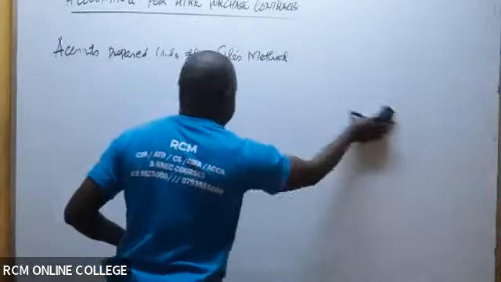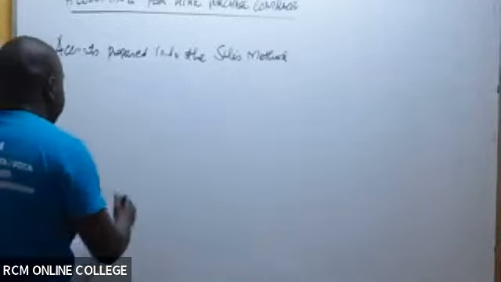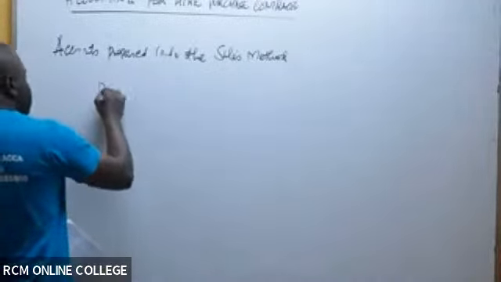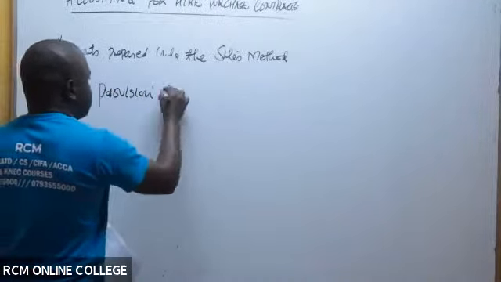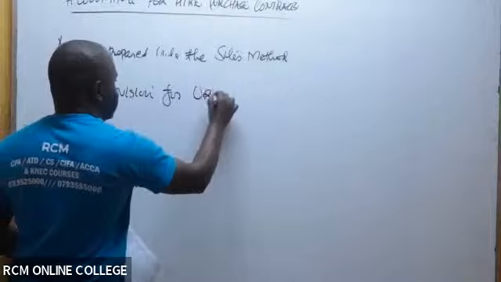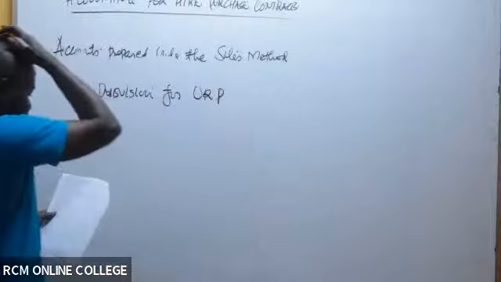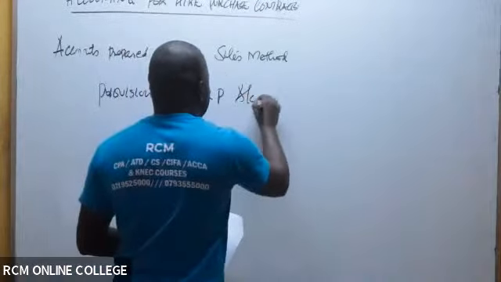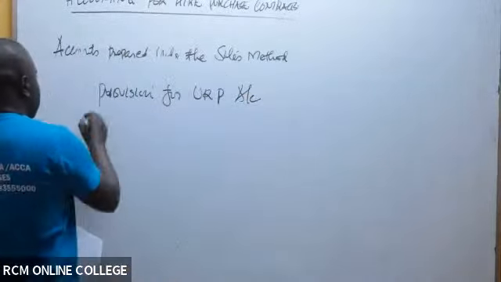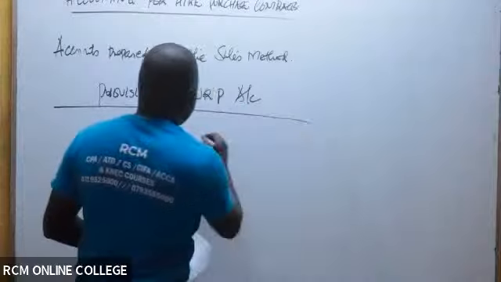Tulikuwa tumesema kuna accounts tatu. So the third account in this case is the provision for unrealized profit account. This is how you come up with it.